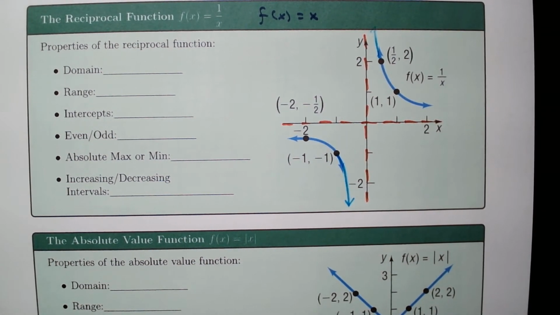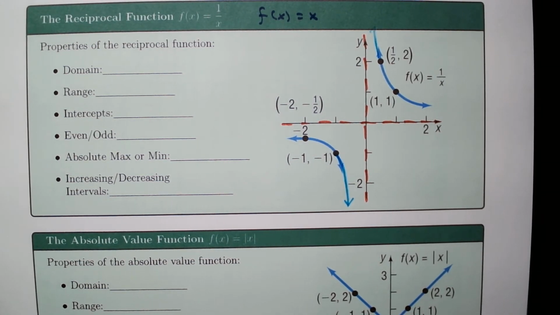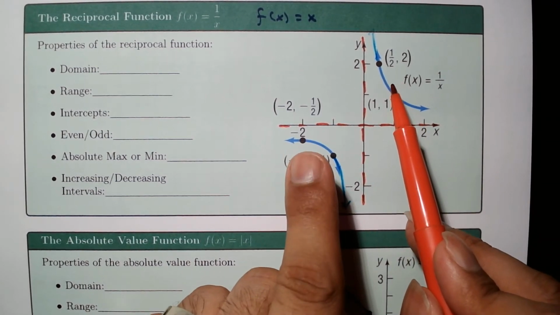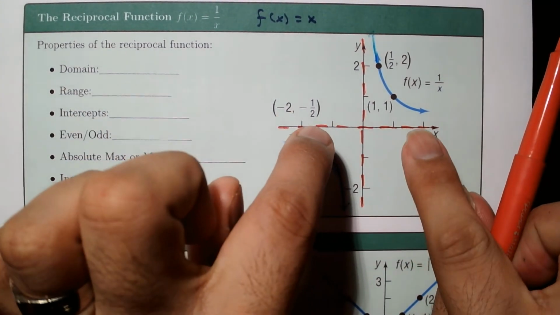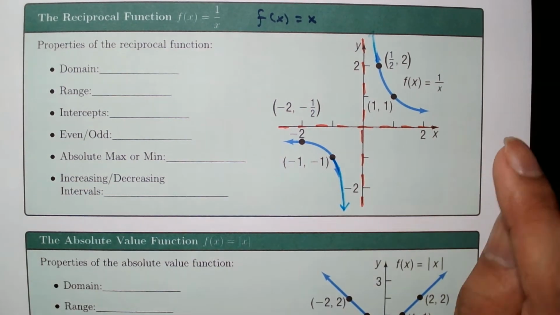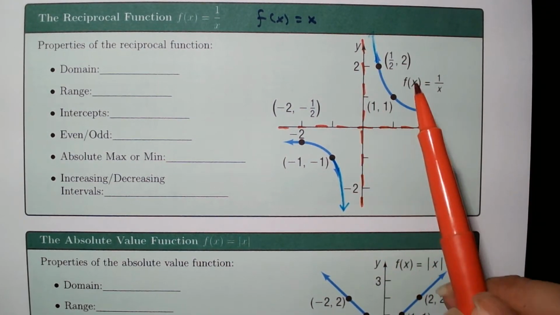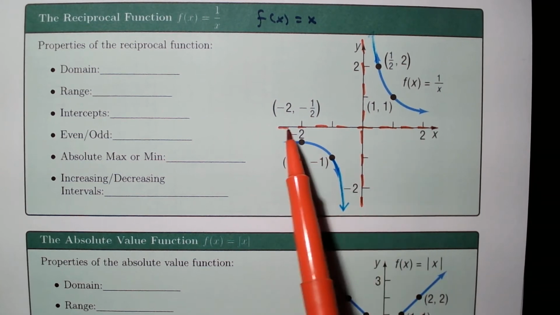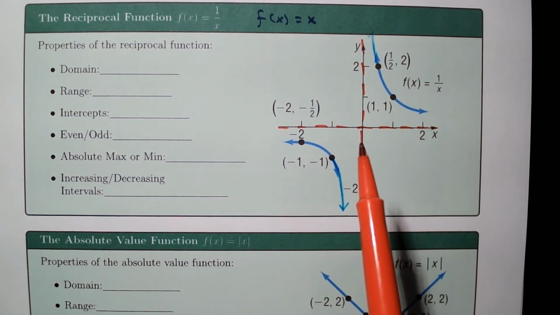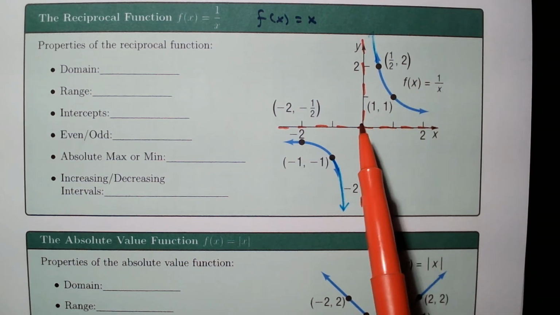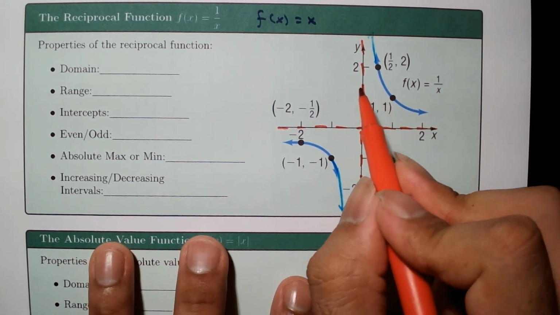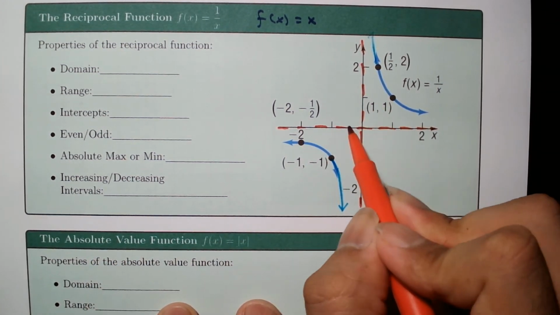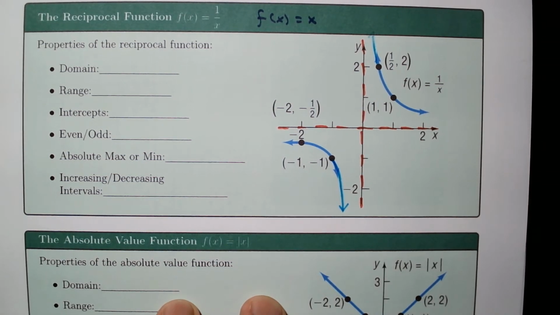Later on, when we move to the next section, shiftings, translations and transformations, we're going to have a function like this, but moved 2 units to the right and then 1 down, etc. Also, these asymptotes will be moved, but when you graph this using your TI calculator, your calculator will never display this asymptote. So that's a little caveat about depending too much on the graphing calculator. It's very important to keep in mind these properties, which in this case are this asymptote.